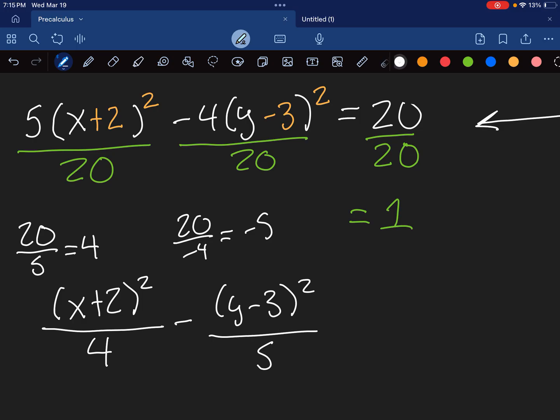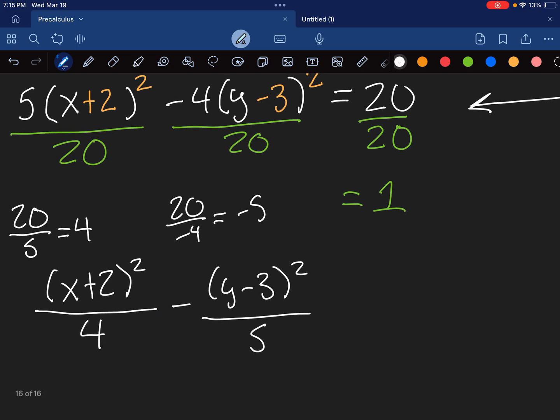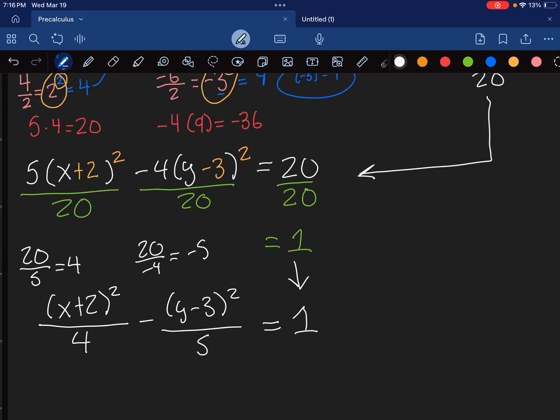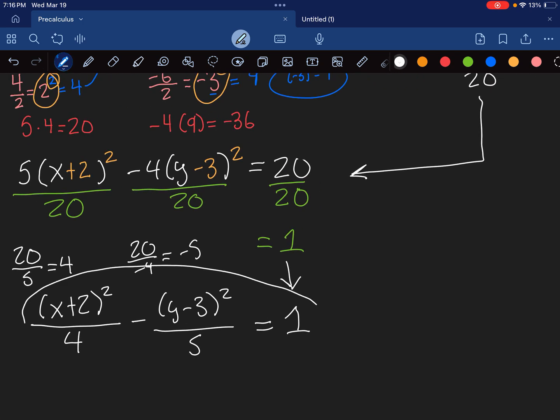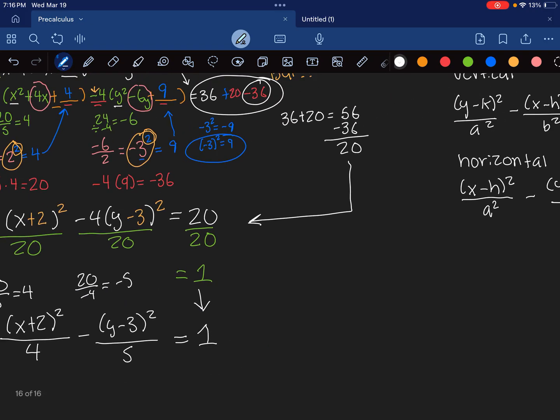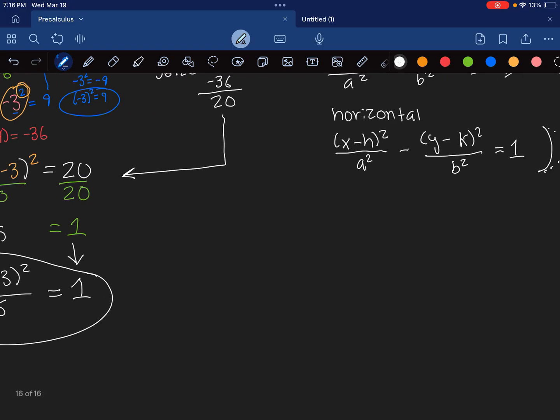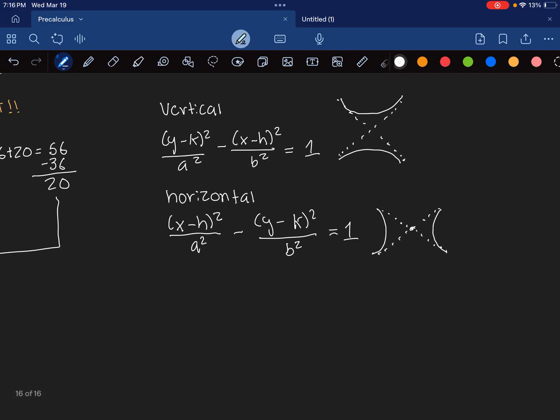We're not going to put the negative right here because we already have one right here, so we're just going to ignore this. And that's correct right there. Okay, so then we bring down our 1 equals 1 right there. This right here will be the standard form that we're looking for. And we see that that matches up with the horizontal one, this one right here.